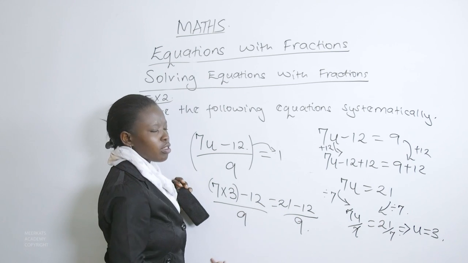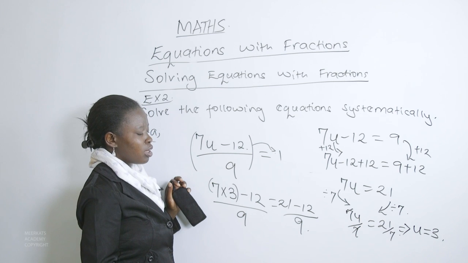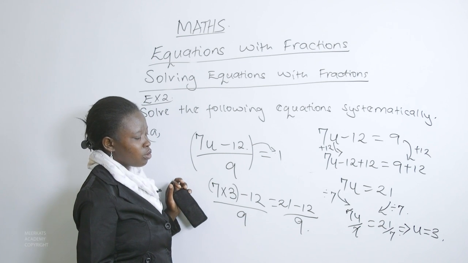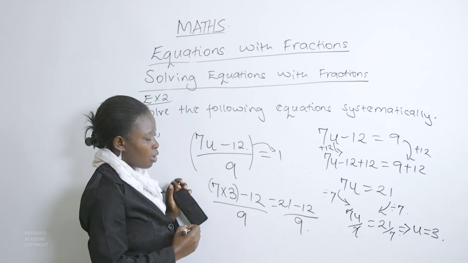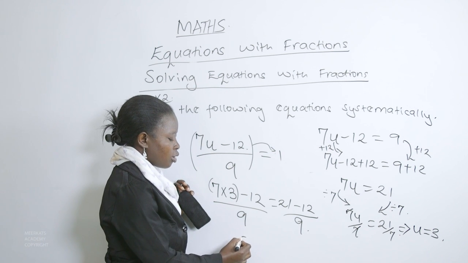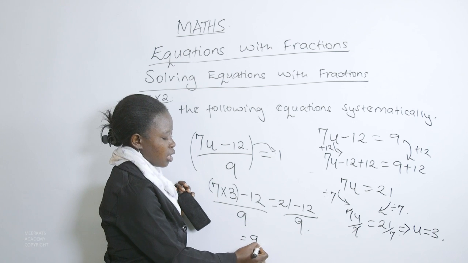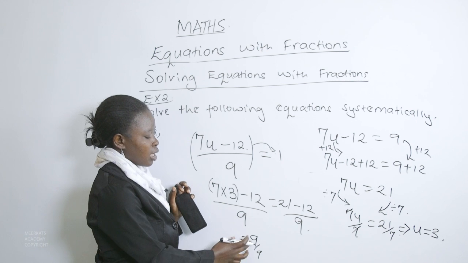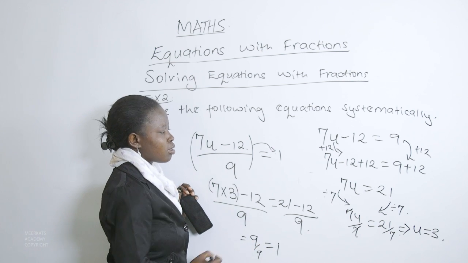So we solve whatever is on the numerator first, 21 minus 12. When we subtract 12 from 21, we get 9. So 9 over 9, because our denominator is 9, 9 divided by 9 gives us 1.